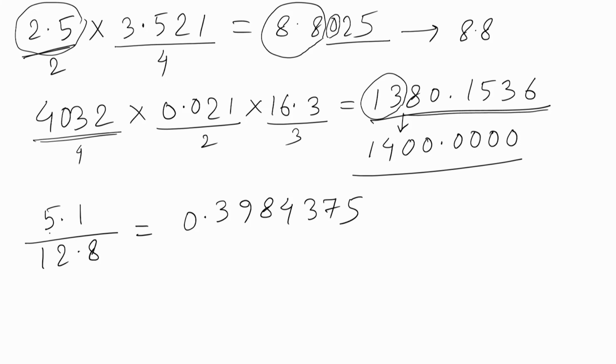Now this number has two significant figures and this number has three significant figures. So the answer should have two. So we will take these two and we will eliminate the rest. Okay. So 8 is greater than 5. So we will have to increase 9 by 1. So the answer becomes 0.40. Okay.